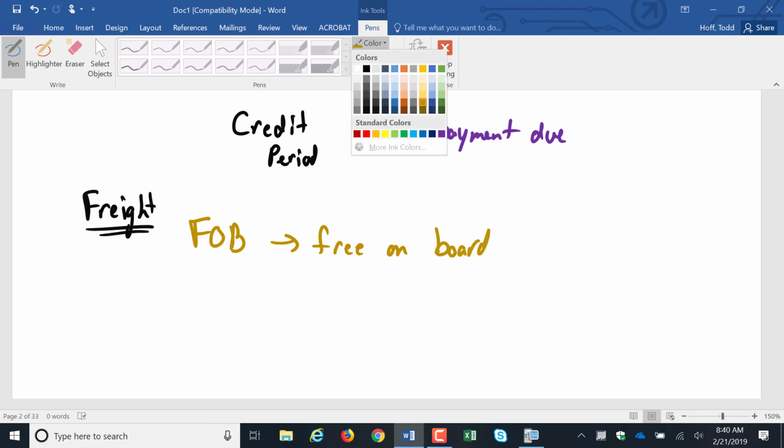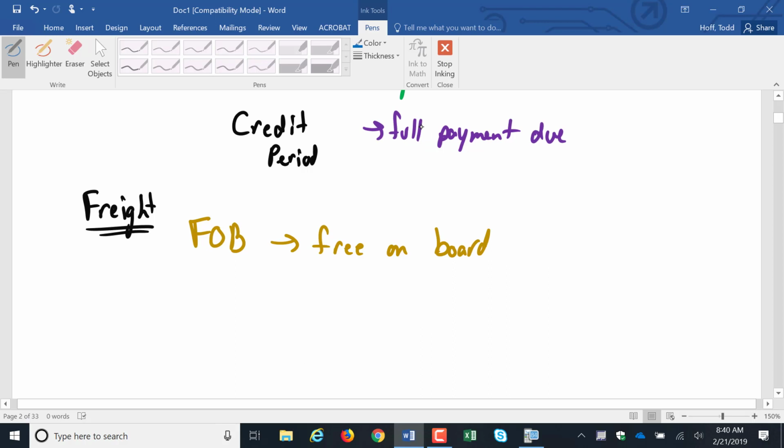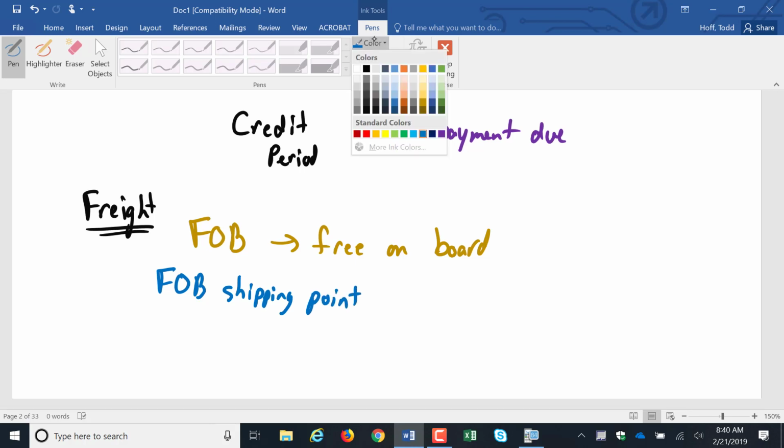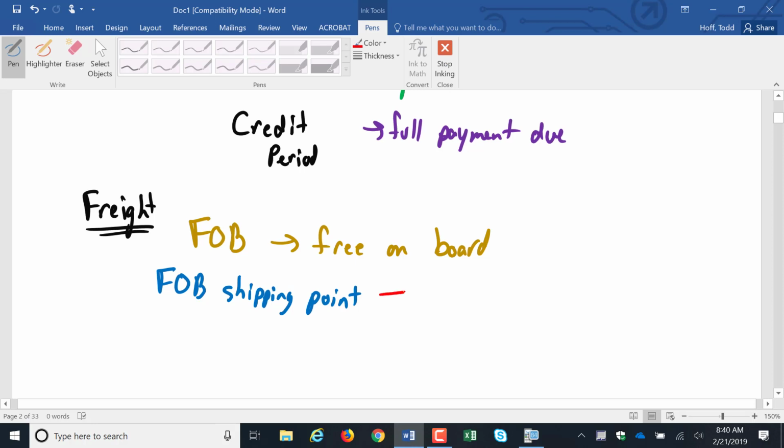It's a little bit backwards feeling, but what it really is stating is who does not pay. Who is it free for? FOB shipping point means it's free at the shipping point. So the seller is at the shipping point, so it's free for the seller, which means the buyer pays.